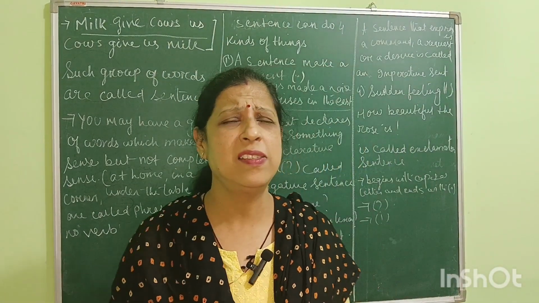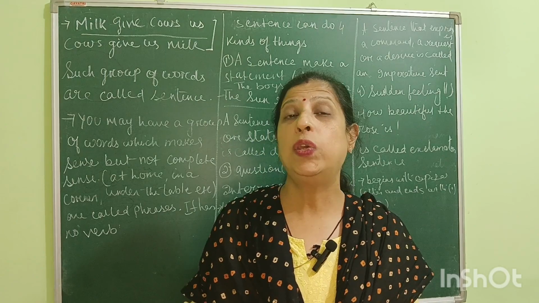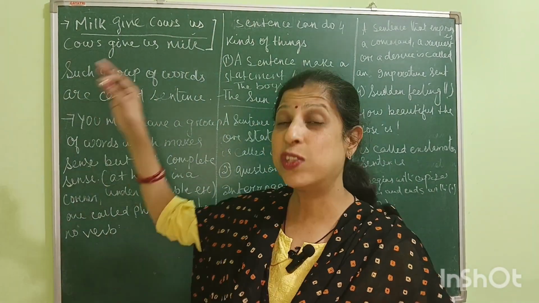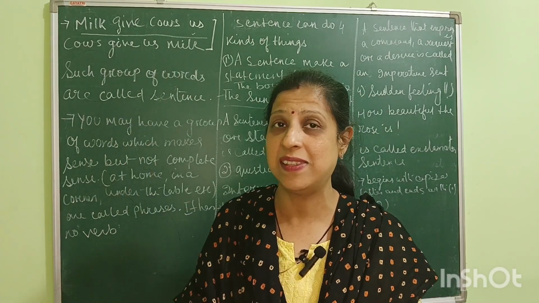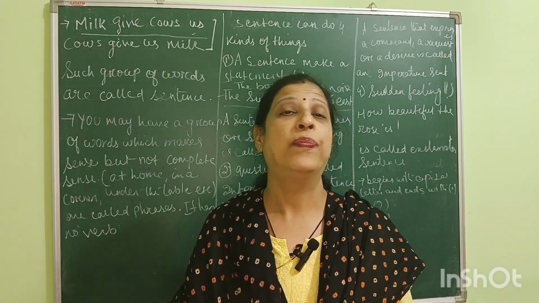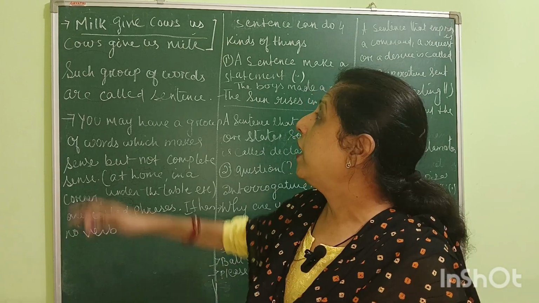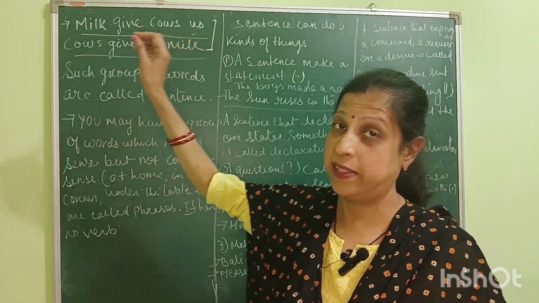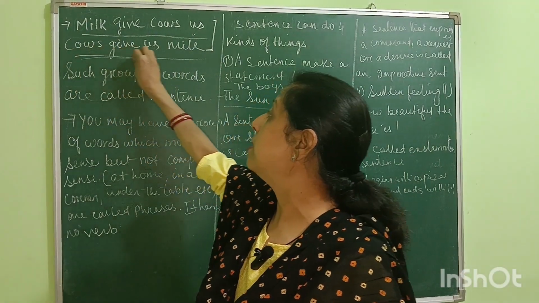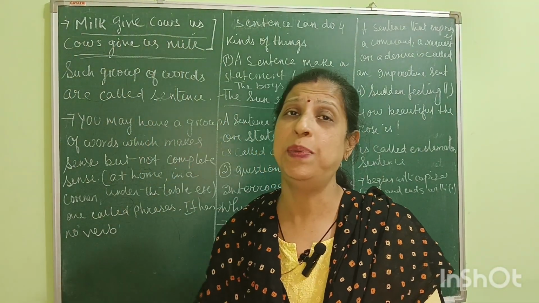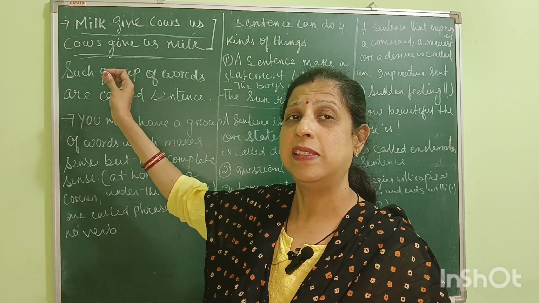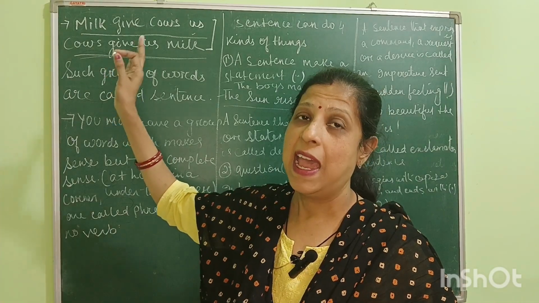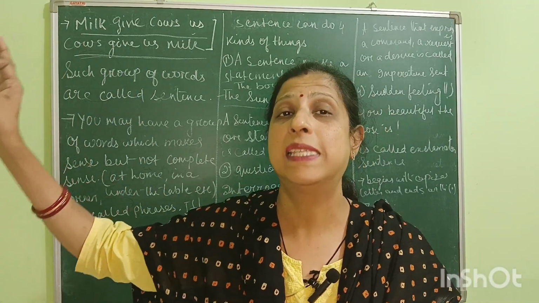Now, do you think this is an appropriate sentence? Do you think that this group of words makes any sense when they are combined together? No, they do not. If I say "cows give us milk," this group of words is called a sentence and it makes some sense.